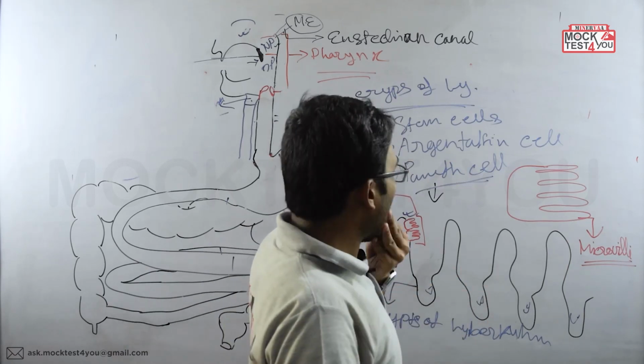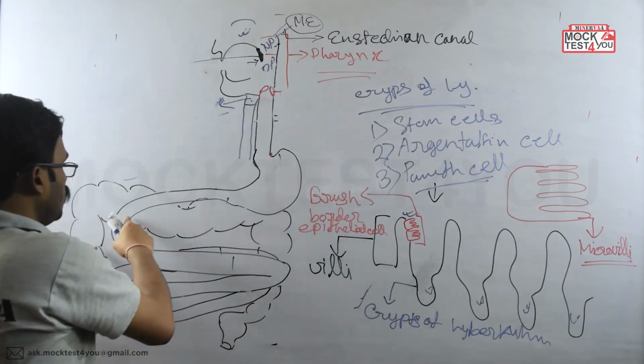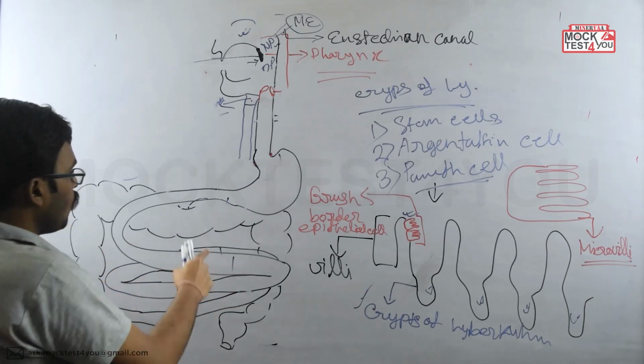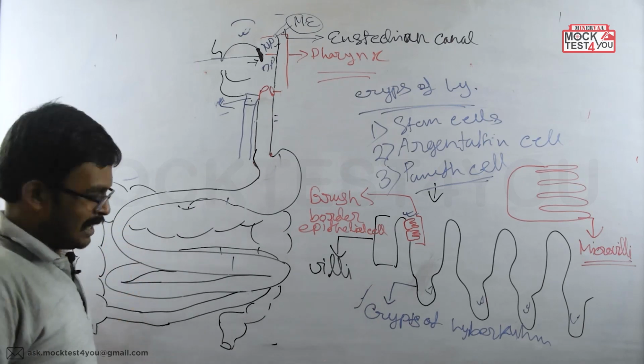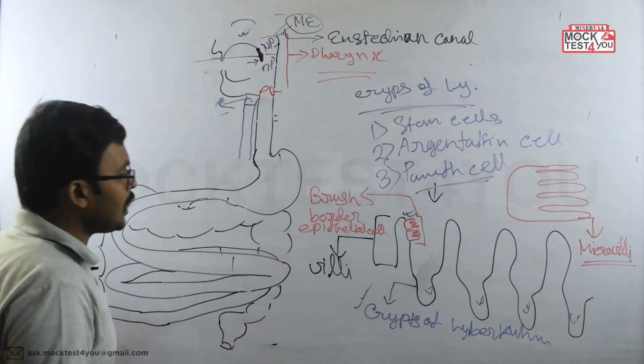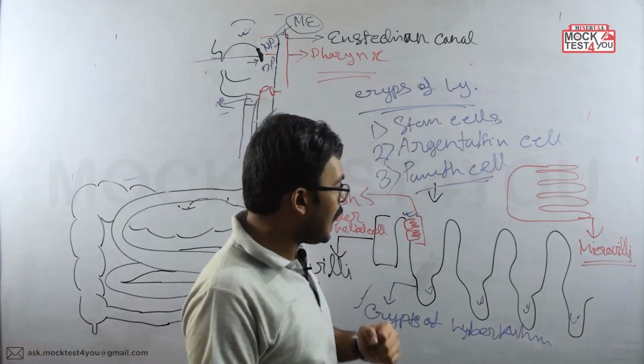Okay, now in the duodenum region, we get one more type of gland. What is that? I'll come to that gland.